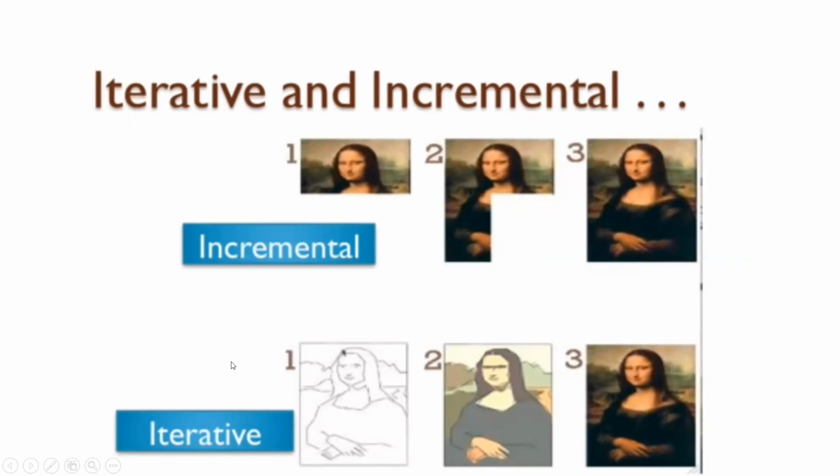And when it comes to iterative, once the desired requirement has been received, I draw the complete outline of my requirement. Then on the outline drawing, I add some insight and get a middle level of the desired requirement, and then work again on the middle level output to complete the requirement.